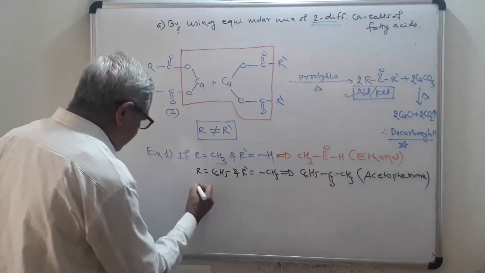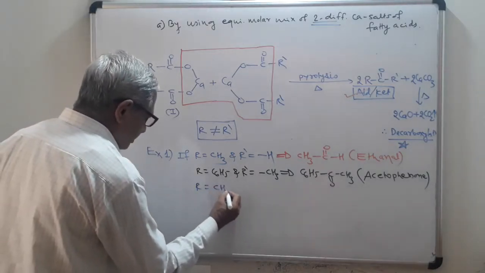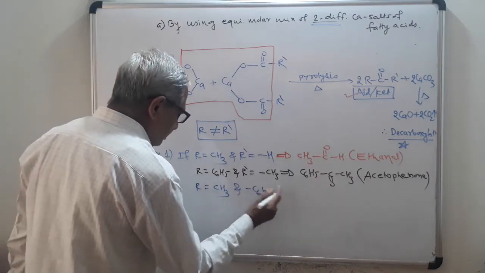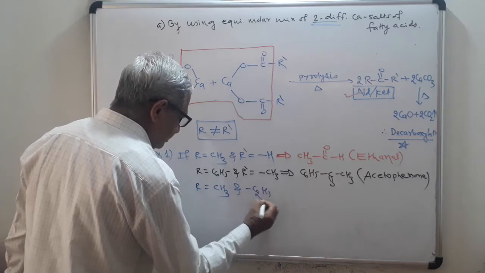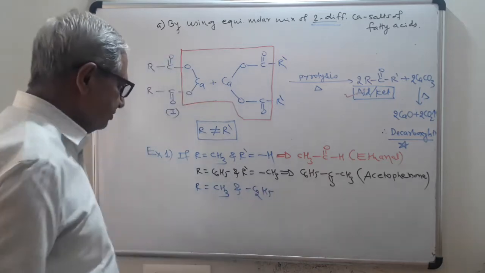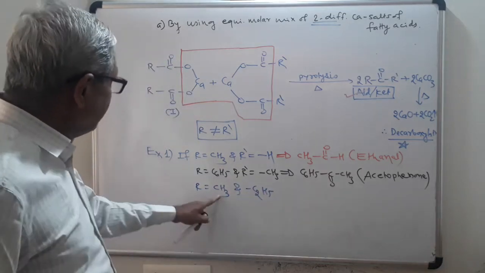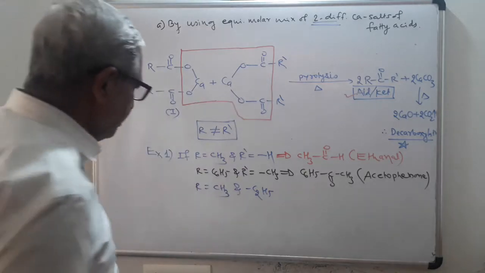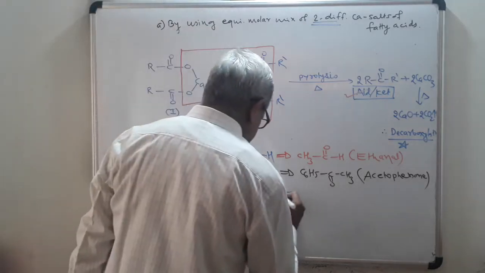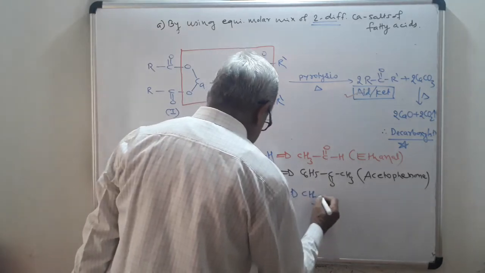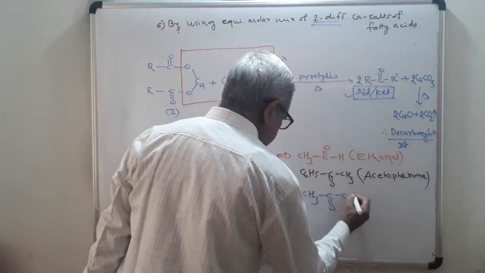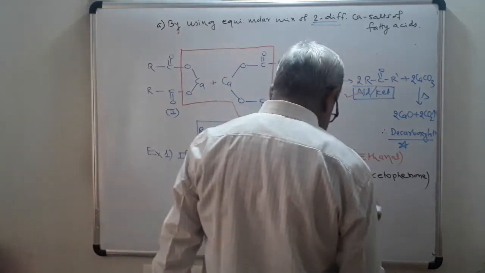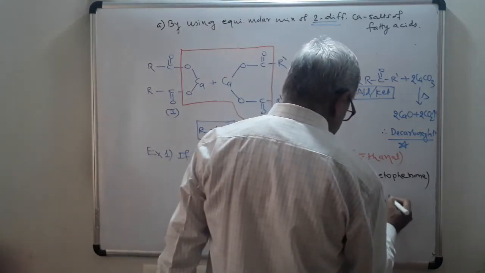If R is equal to CH3 and R dash is equal to C2H5. So what here? You will get here calcium acetate. You will get here calcium propionate. The structure will be like this: CH3 C double bond O C2H5. That is known as butanone.